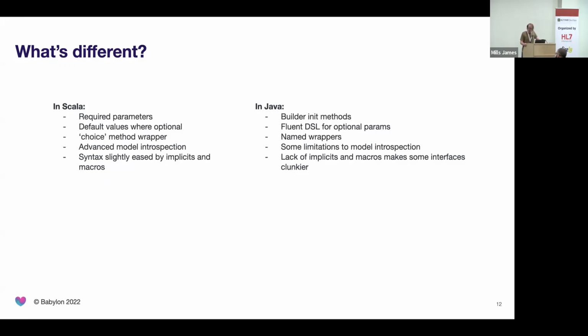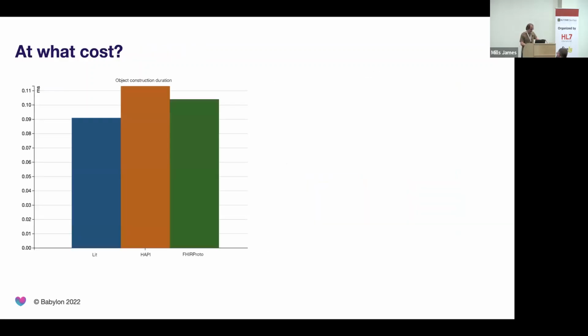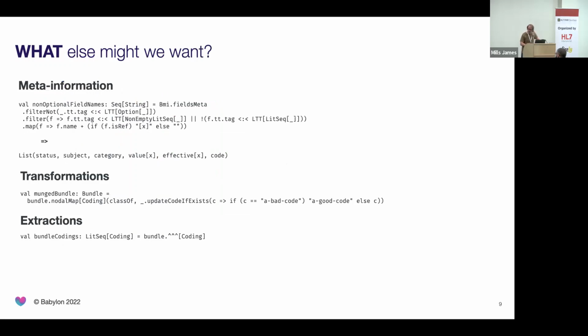In terms of the choice method, that's impossible to implement in Java. It cannot be done, so there are some named wrappers for that, sadly. There is a little bit of limitation to the model introspection. If I go back to this funky looking construction here, these LTT things, that's a type tag, and that's not constructible in Java.